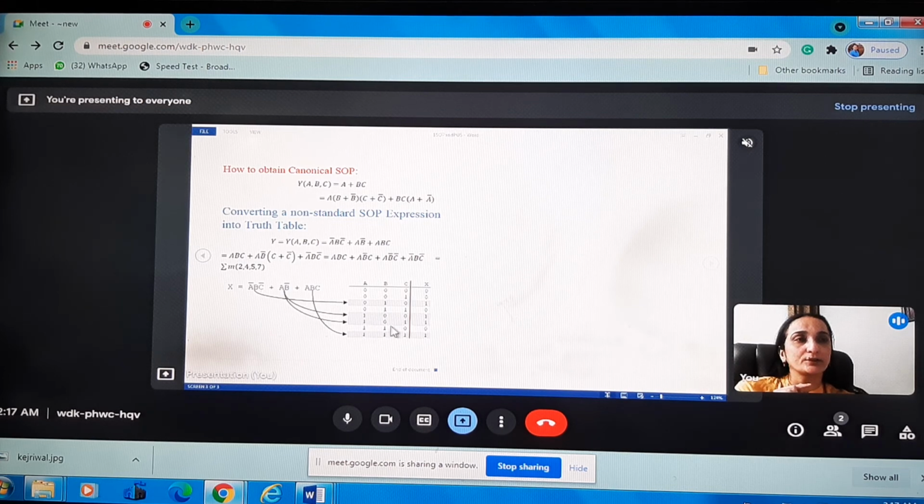So for both these rows, 4 and 5, the output will be 1 for this minterm, and A, B, C will be equal to 1 when all the variables are 1, the output is 1. So we can write it as summation m 2, 4, 5, 7. So now we have converted it into canonical SOP expression.